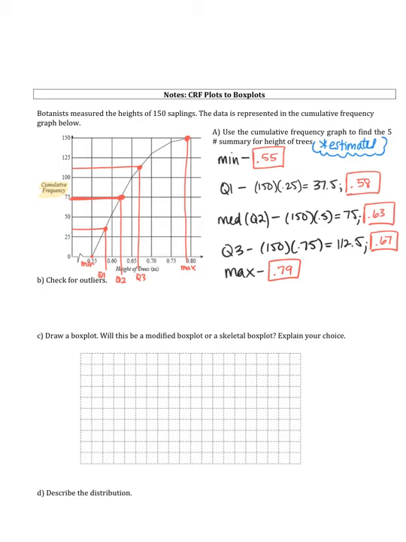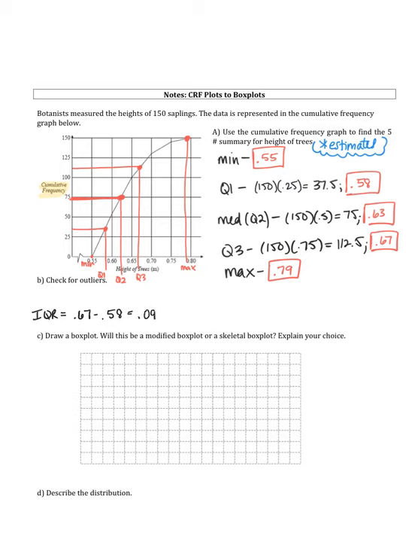Next one tells me to check for outliers. So I'm going to find my IQR. My interquartile range is equal to Q3, which is 0.67, minus Q1, 0.58, and that gives me 0.09 as my interquartile range.